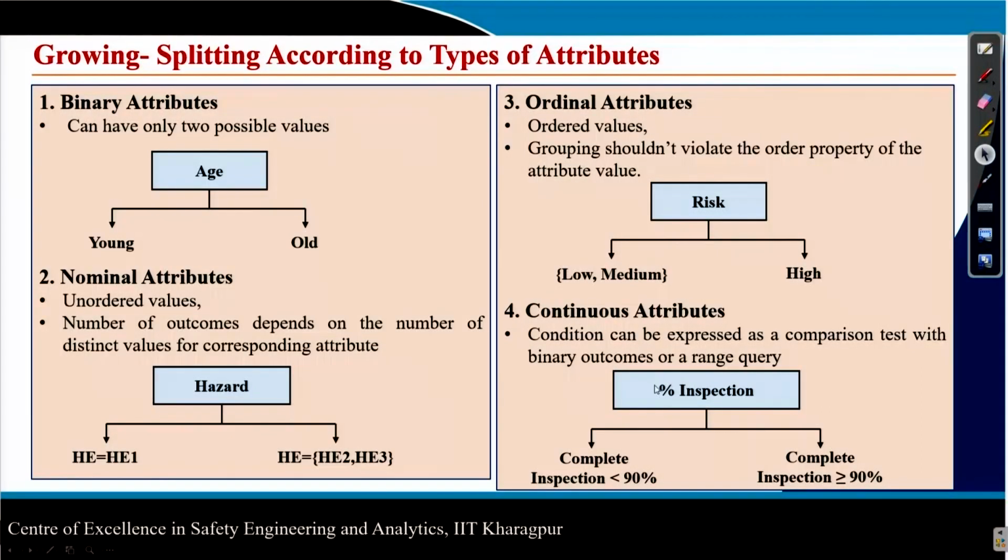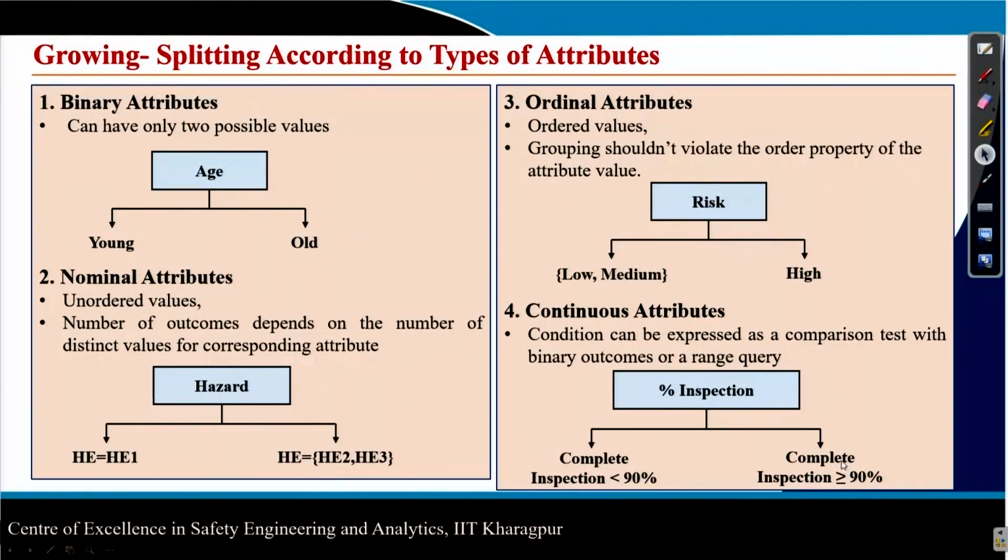Suppose percentage inspection is a predictor variable. If I want to split it, you can have incomplete inspection and complete inspection, say incomplete if it is less than 90%. I think it is better if we write percentage inspection less than 90 and greater than 90.